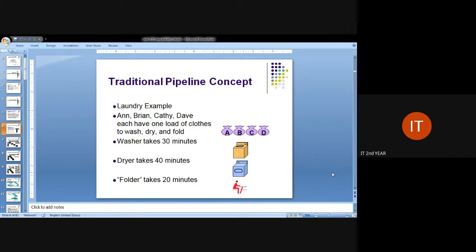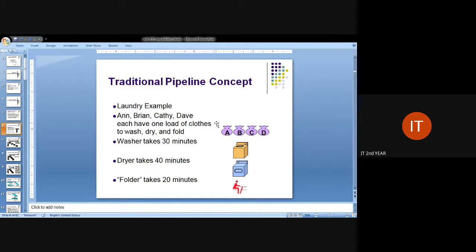Now the traditional pipelining concept. Everything that we move linearly is a traditional pipelining concept. For example, on the screen you can see A followed by B, followed by C, and followed by D. When a particular set of instructions or things is given one by one serially, one after the other, there will be a process of linearity in the execution, but the time taken to complete the whole task is a question mark.